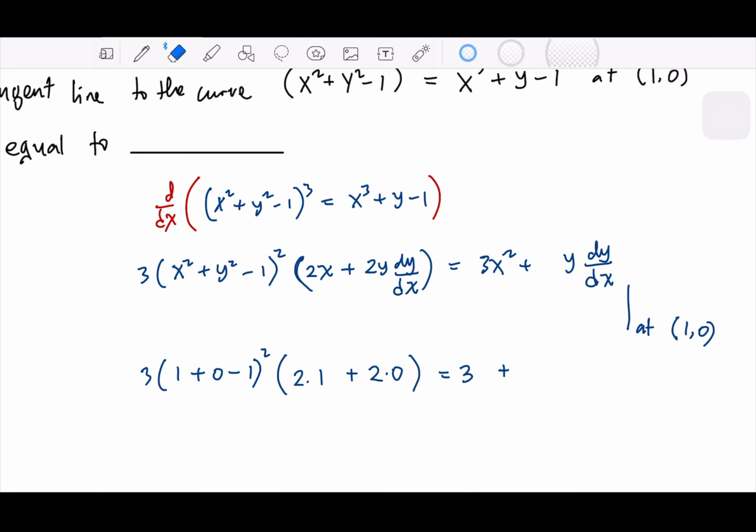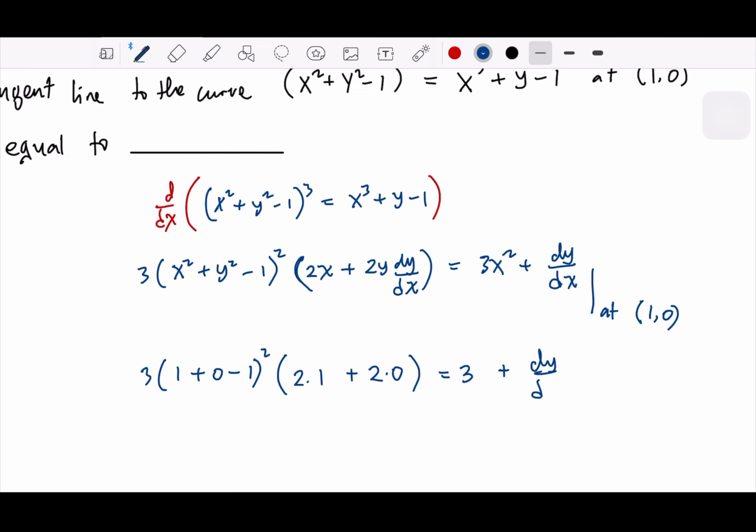Y is 2. It should be y, sorry. Plus, yes, okay. I think it's correct now.